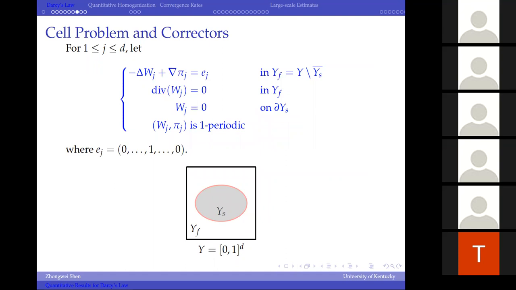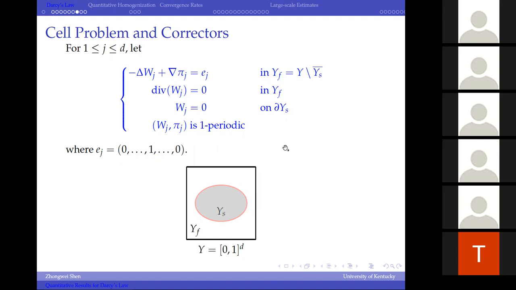So next I want to describe the cell problem, the correctors, and also talk about this matrix capital K, the so-called permeability matrix, how it's defined. So here we have a cell problem.